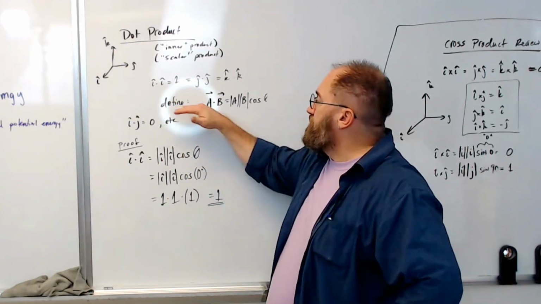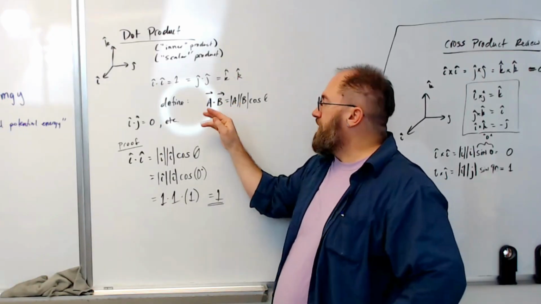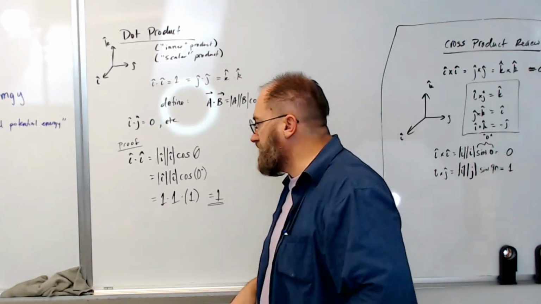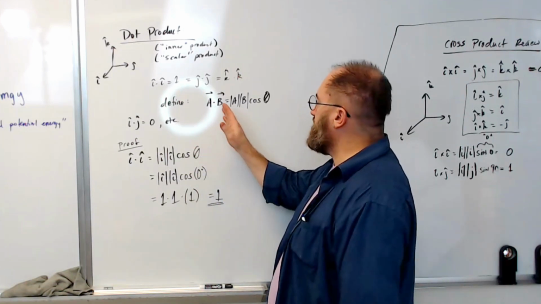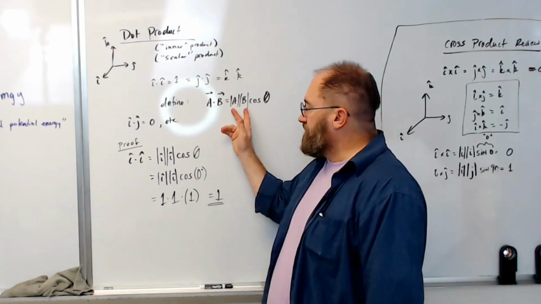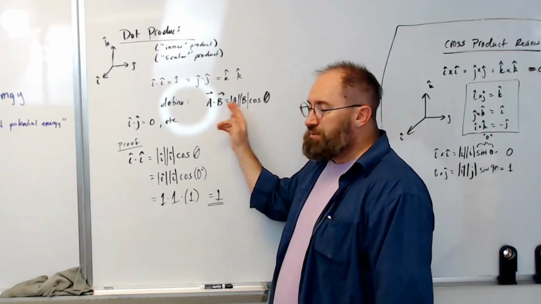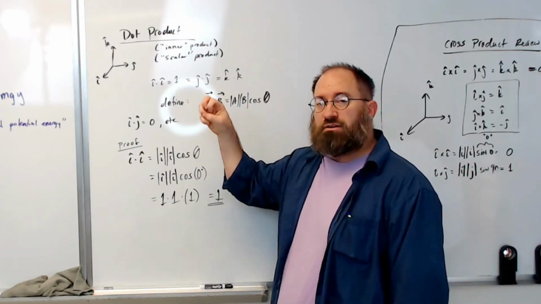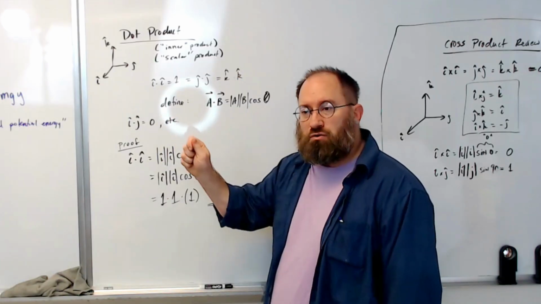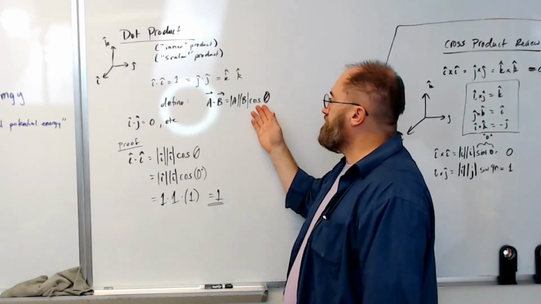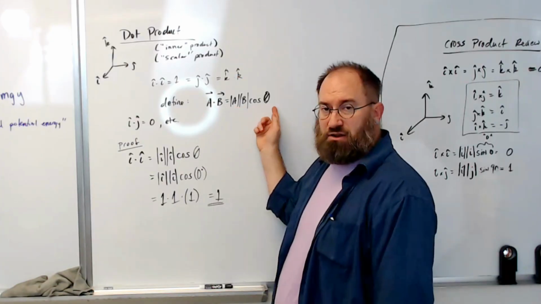We define the dot product so that it results in the cosine of the angle, and we want the magnitudes multiplied and the factor for the angle between them to be 1 when the angle is 0. Of the sines and cosines, cosine is the only one that gives us a 1 back.